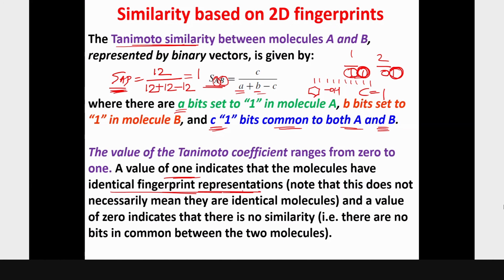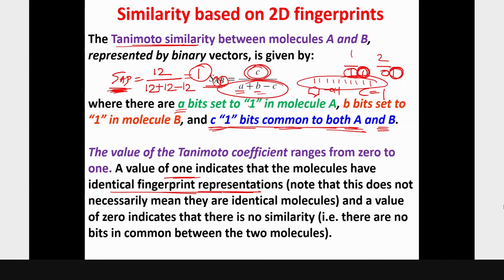It could mean that both the molecules are identical, or they might not be identical entirely, but for the 12 fragments, all 12 fragments are matching. So as per your criteria of 12 fragments, you will say it is 100% matching. So C is representing the similarity between both of them, and the bottom one is again something like a normalization factor.